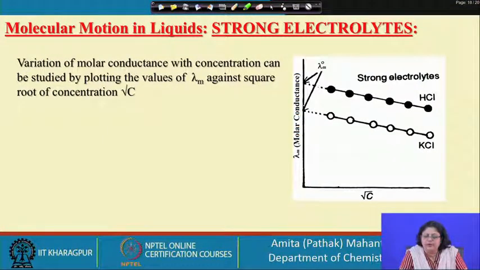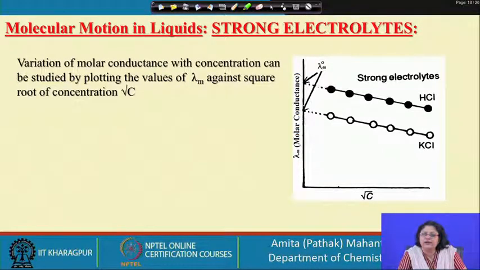If you plot the molar conductance against the square root of concentration, then for a strong electrolyte this is the variation you have. To find out the value of molar conductance when C approaches 0, you can extrapolate. If you extrapolate, you can get the limiting value of the molar conductance.